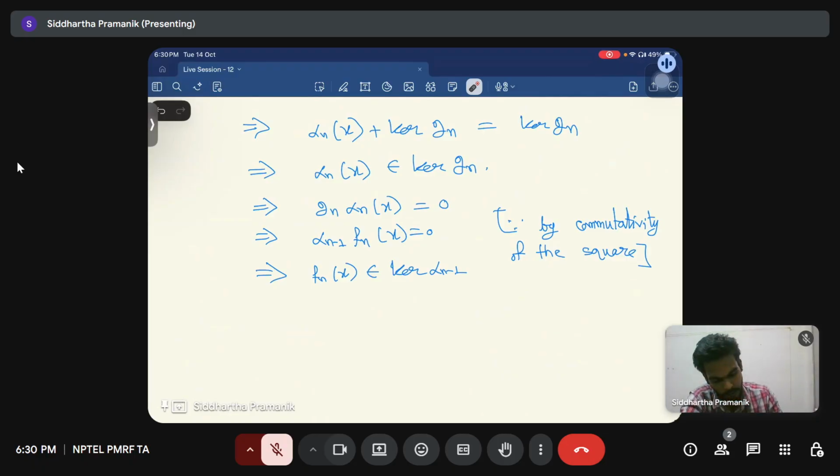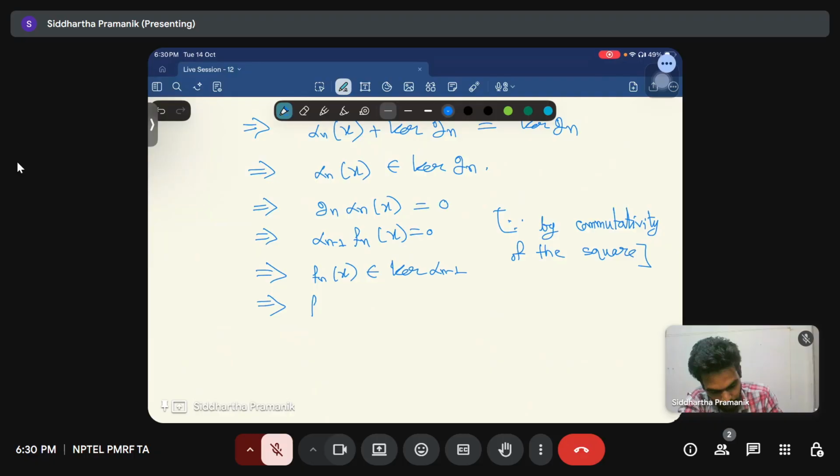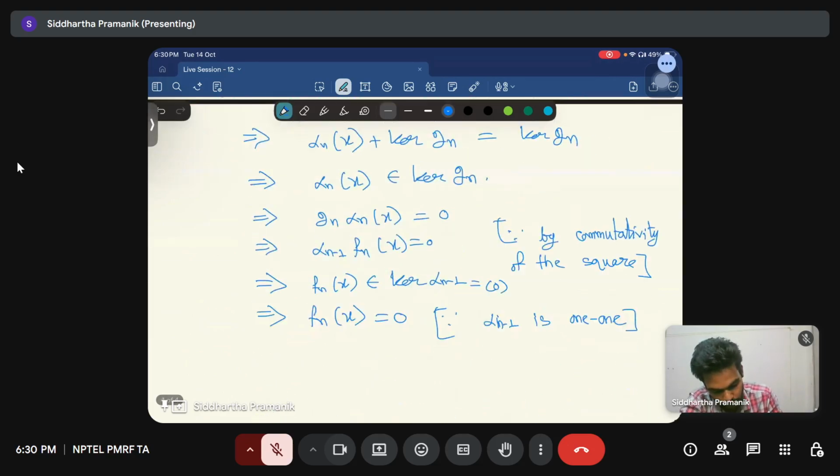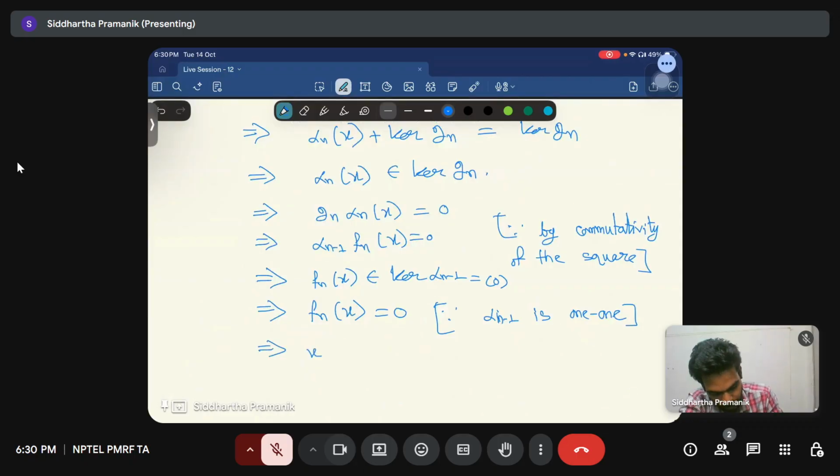Okay, but our alpha, so this will imply fn x equals 0 because this kernel is 0, because alpha n minus 1 is one-one. Now fn x is 0. So this will imply x belongs to kernel of fn.